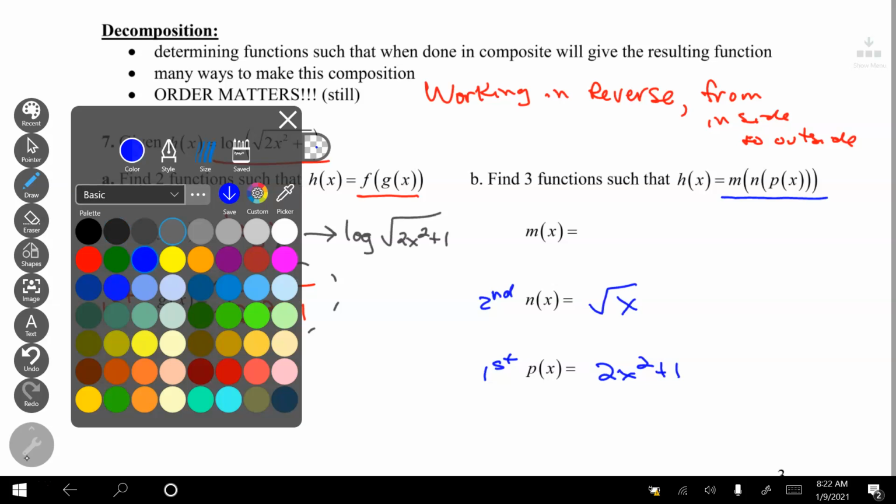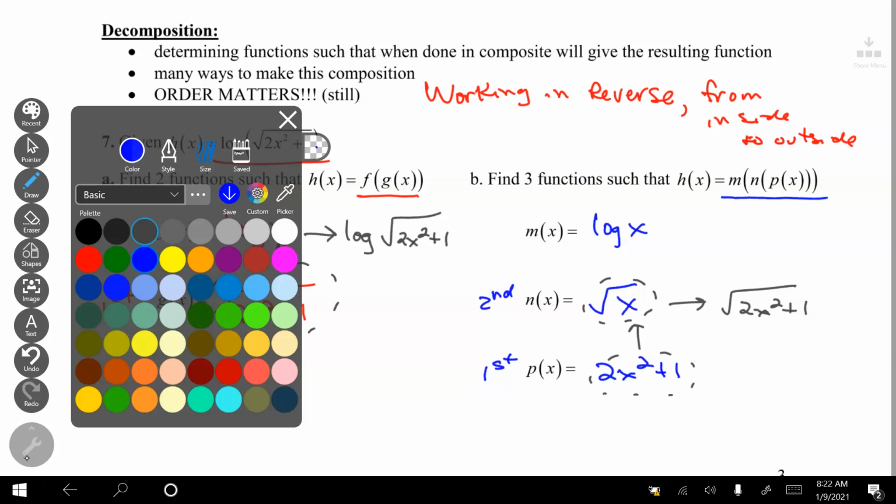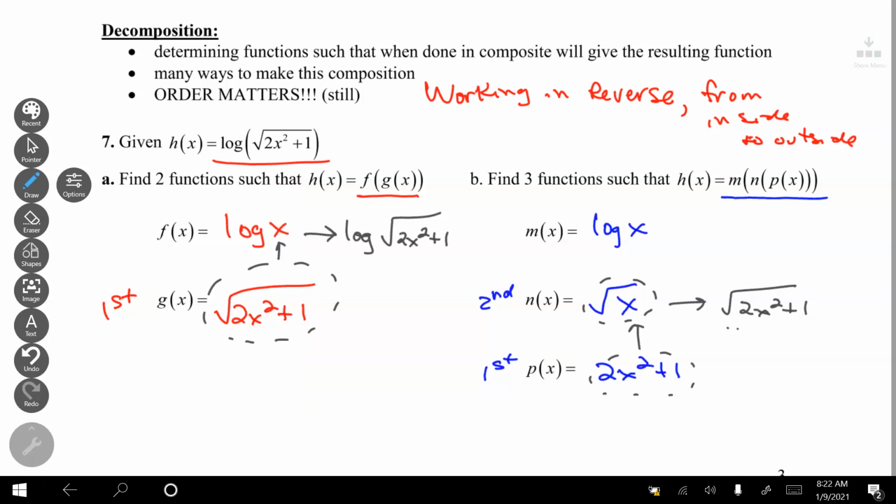And when I do that, I put that in here, I do get the square root of 2x squared plus 1. And I can take that piece and plug it into the log of x. So when I take this piece and plug it into the log of x, I do get what I want. I do get the log of the square root of 2x squared plus 1.